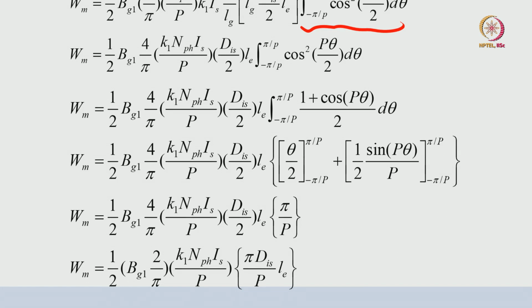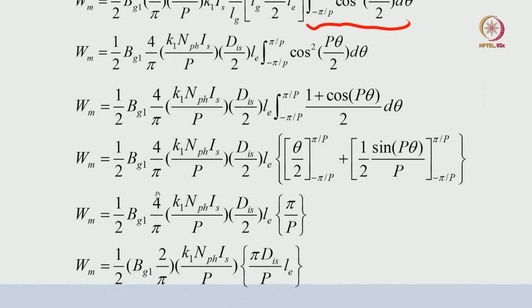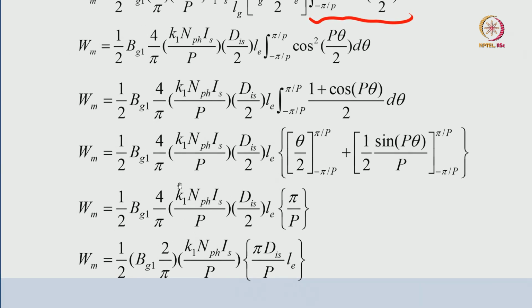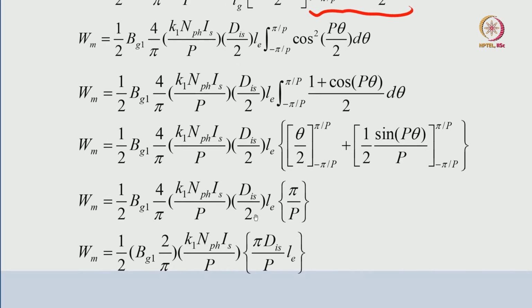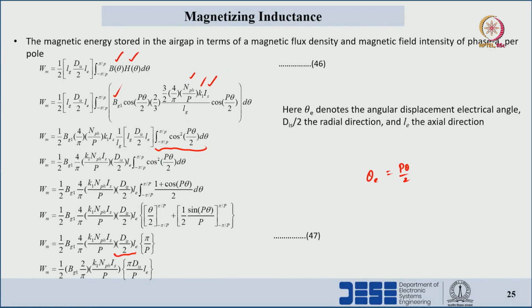Substitute the limits, then the energy stored at the air gap is equal to half, Bg1 peak fundamental flux density, into 4 by pi, into winding factor, number of turns, into Is divided by number of poles, into pi d is by 2 p. So, this is the final equation for the magnetic energy stored at the air gap.